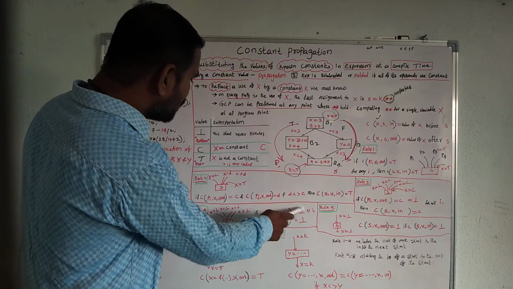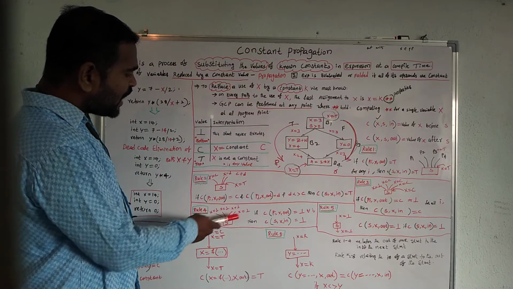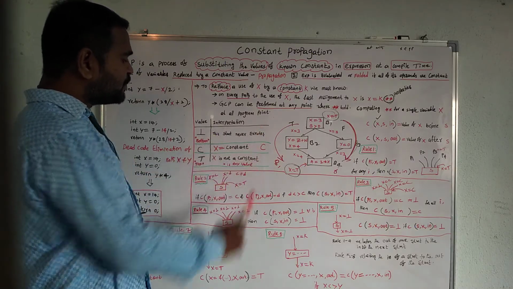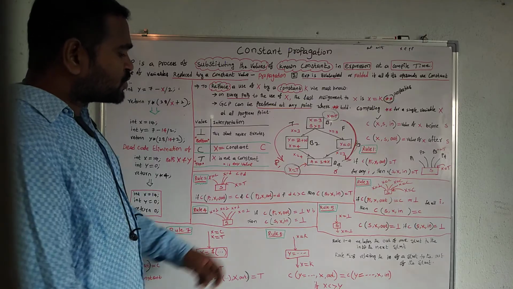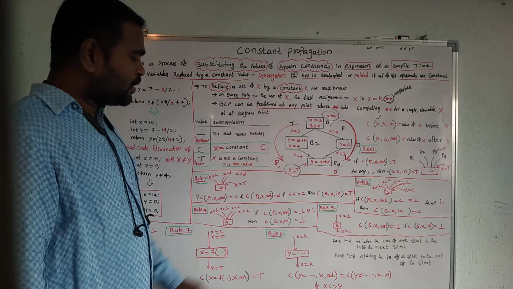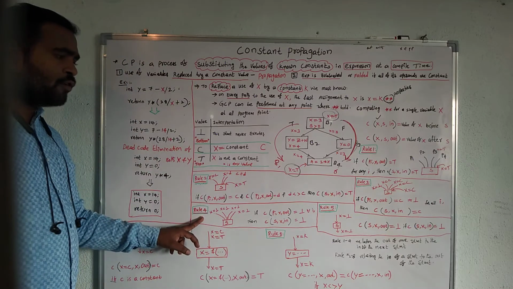So in this case, all the paths have bottom statements, which is why this statement is never executed. So before and after, here you get the value bottom. This is called rule number 4.